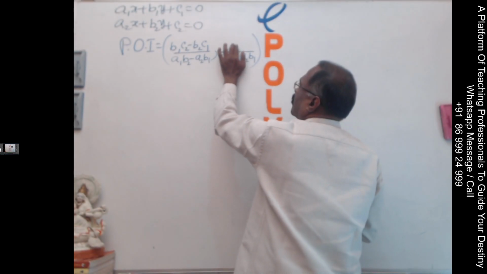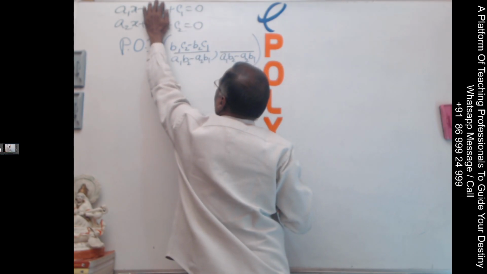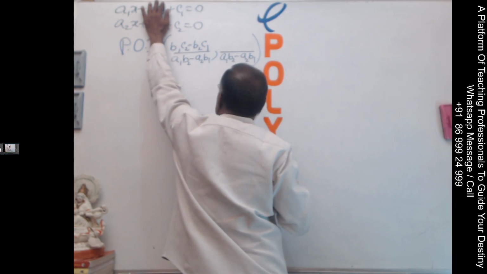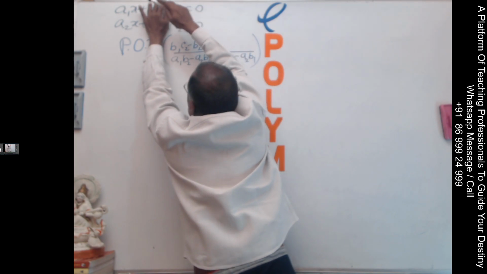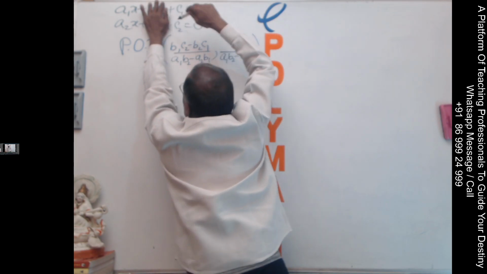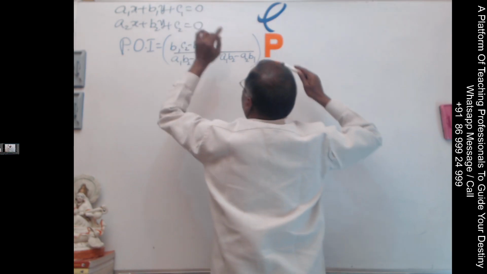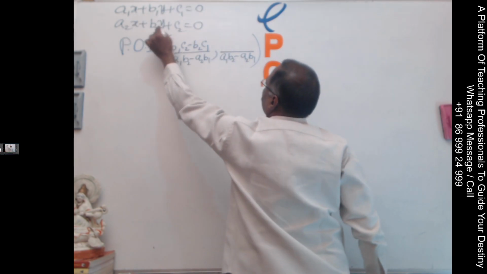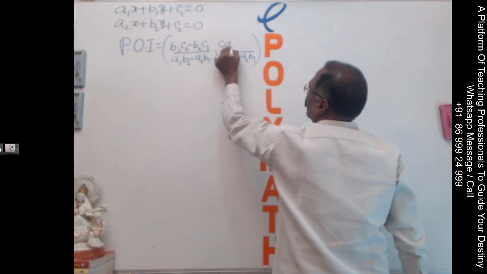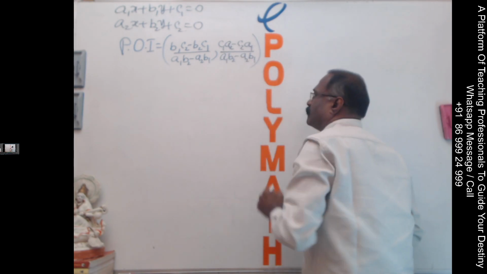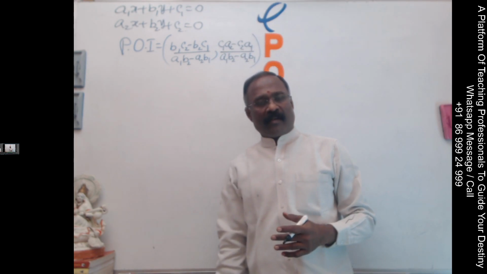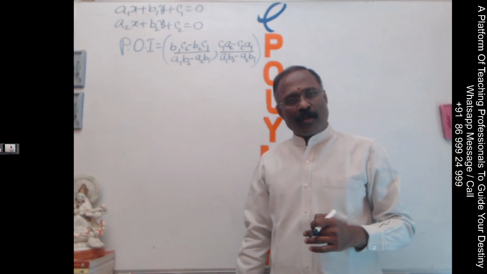And to get the numerator of y, close y and cross multiply, but from the right side, not from the left side. Only from the right side. Remember that. c1a2 minus c2a1.